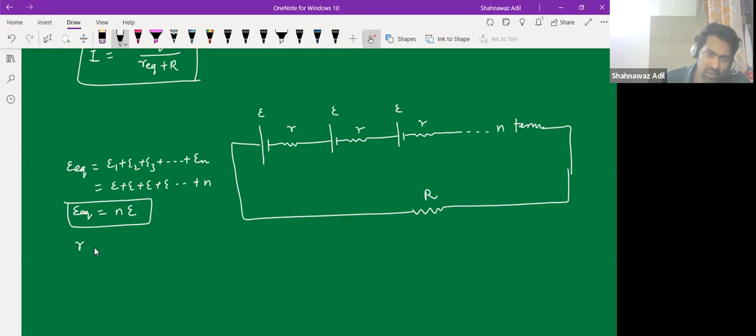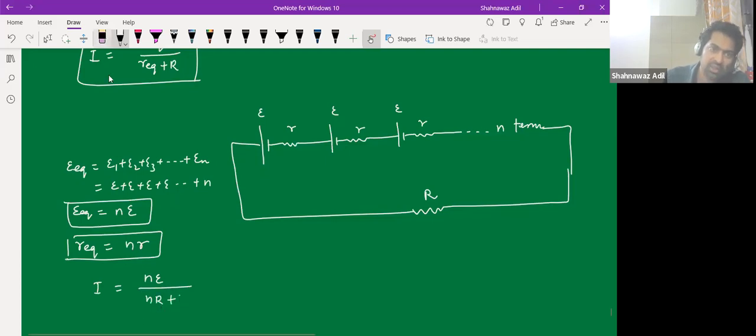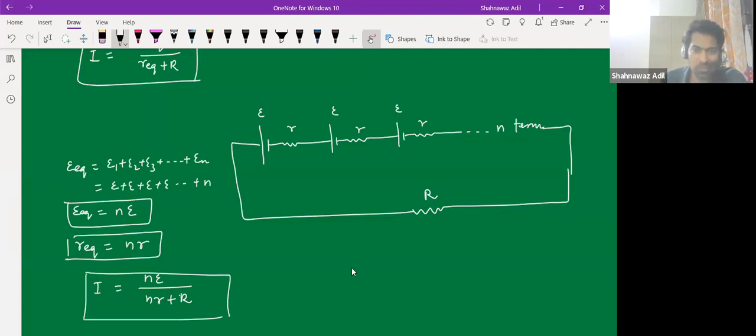Similarly, R equivalent would be nr. So your current would be nE divided by nr plus R.